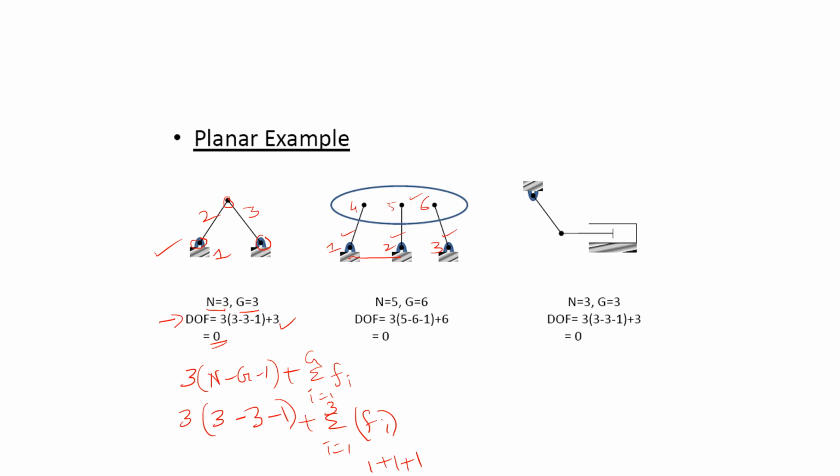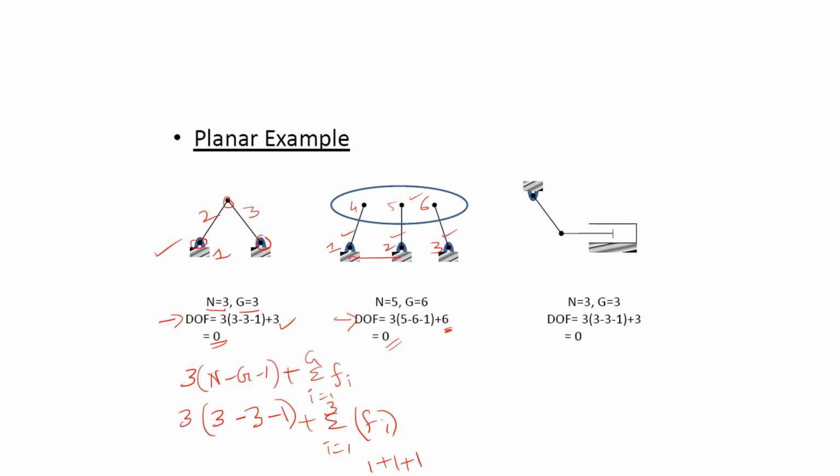When you substitute in the formula, you will have 3 into (5 minus 6 minus 1) plus the summation. Each joint has a degree of freedom of 1, so with 6 joints, summing it up you get 6. When you solve this, you get the degrees of freedom of the manipulator to be 0.